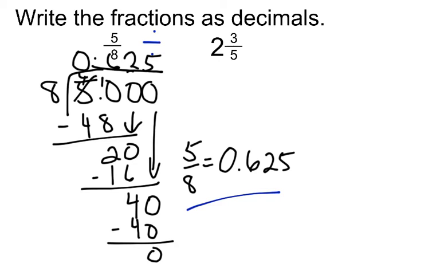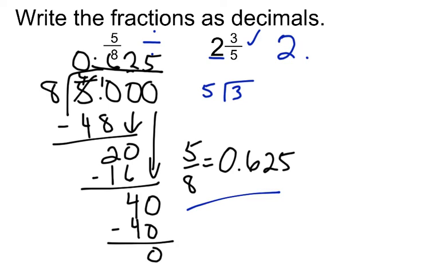So 2 3/5. 2 is your whole number, so that's going to go before the decimal. Some of you might find it helpful to write that reminder for yourself. And then 3/5 we can just divide: 3 divided by 5. A common mistake is that students will write 5 divided by 3, and you can tell that it's wrong because you'll get a whole number and a decimal.